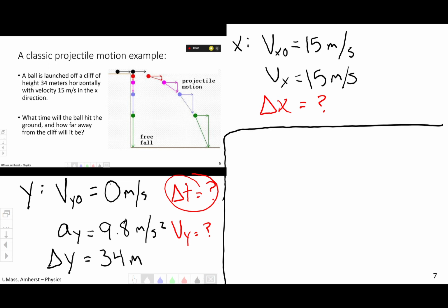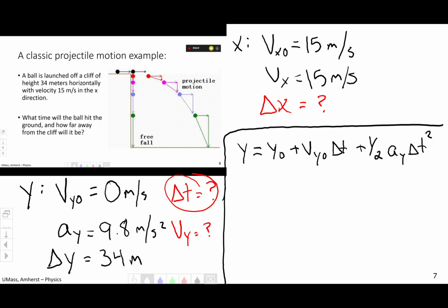So why don't we attempt to do that? In the y direction, what can we use? Well, we have the initial velocity, we have a, and we have delta y. We want to know time. So we'll use y's here. y equals y0 plus vy0 delta t plus 1/2 ay delta t squared.